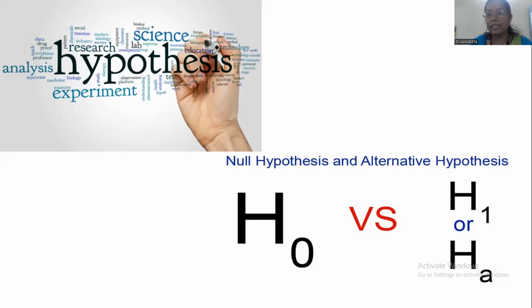It is like a case going in the court, right? A person is considered innocent unless proved guilty. Same thing here. You have to start believing your null hypothesis unless the null hypothesis is rejected.